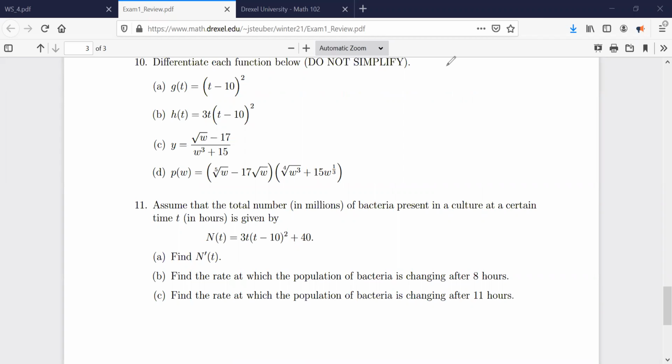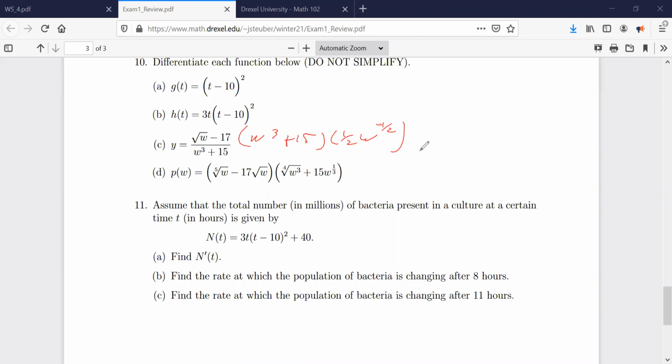So this guy right here is going to be, like I said before, you can always get away without using the quotient rule, but I think that it makes sense for us to do the quotient rule here. So this is going to be bottom times the derivative of the top. The derivative of the top is going to just be 1/2 w to the negative 1/2, because that's the derivative of the square root of w, and then the 17 disappears.